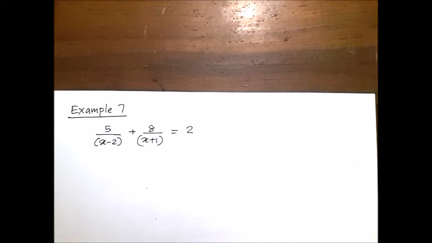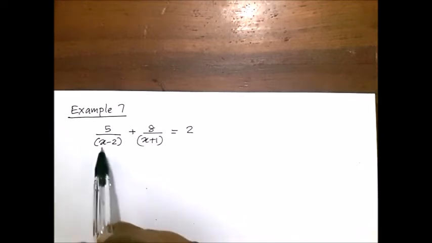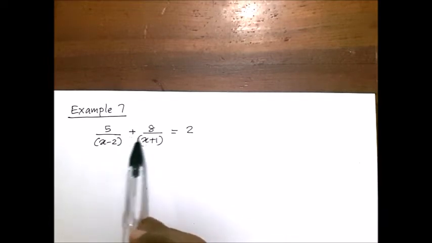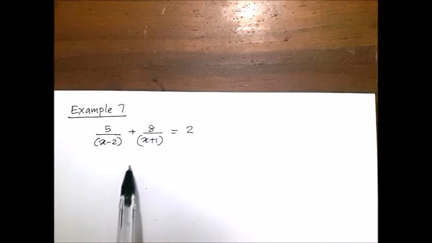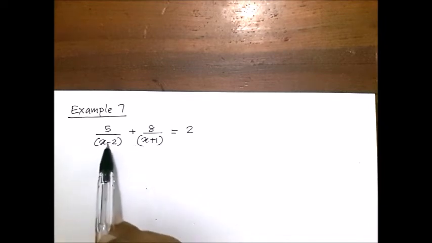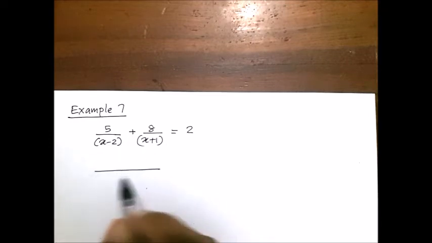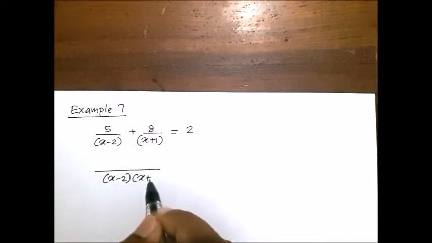Look at the 7th example. Here in the left hand side there are two algebraic fractions. Addition of two algebraic fractions. First you have to add these two fractions and obtain one fraction. Then take the LCM of these two as the common denominator. LCM is x minus 2 and x plus 1.